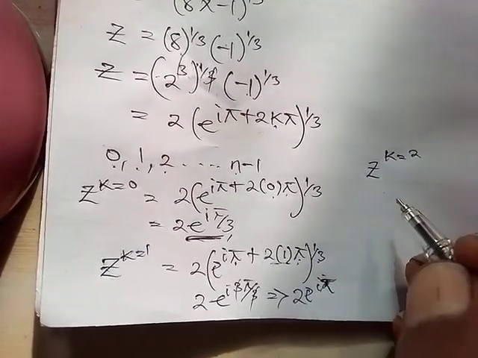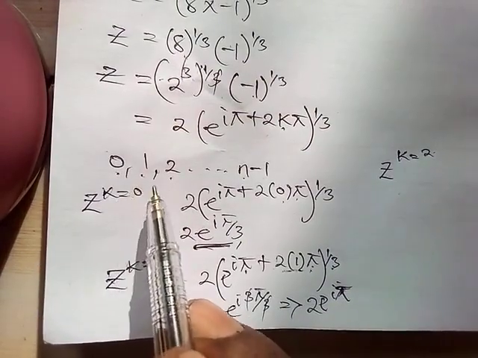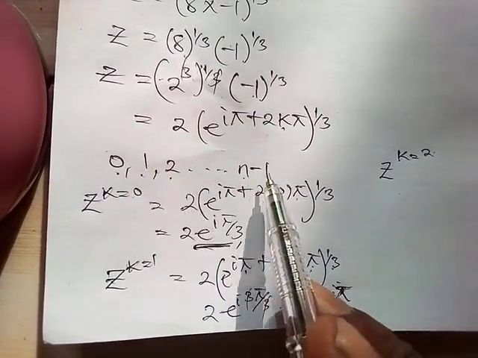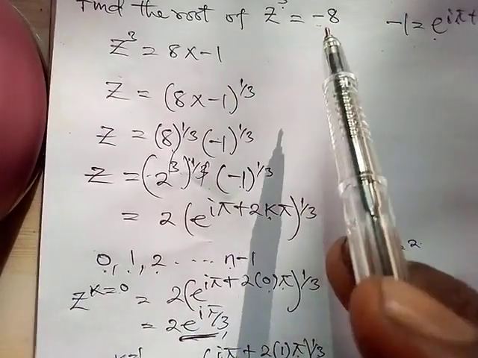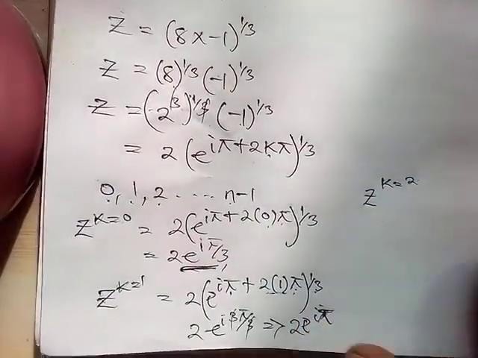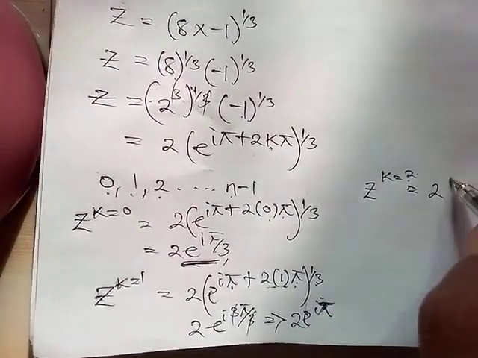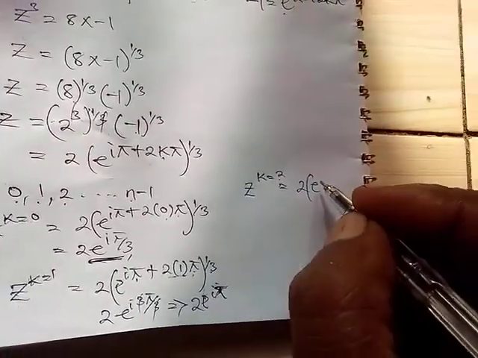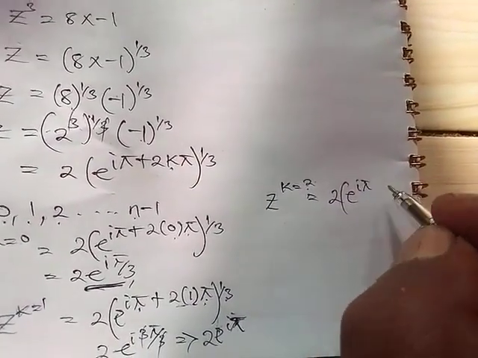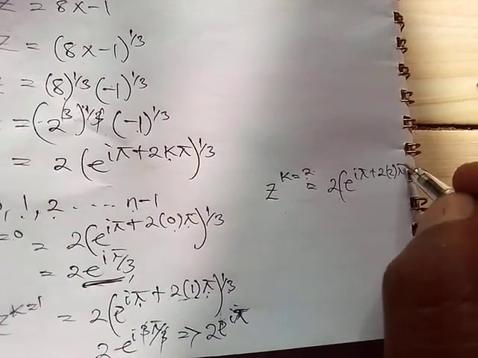When k is 2, that will be our final answer, because we are saying k will start from 0, 1, 2 up to n minus 1, and in this case we have z cubed, so 3 minus 1 is 2, so k will stop at 2. We will have 2 into e to the i (pi plus 2 pi into) 1 over 3.